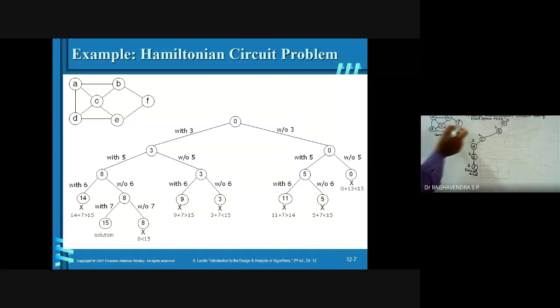So I am stuck here. I cannot go back to A, because my objective, once I start my traversal, is to reach back the same vertex from where I started. That is why I have reached a dead end now. If you reach a dead end, there is no solution, so you have to backtrack.